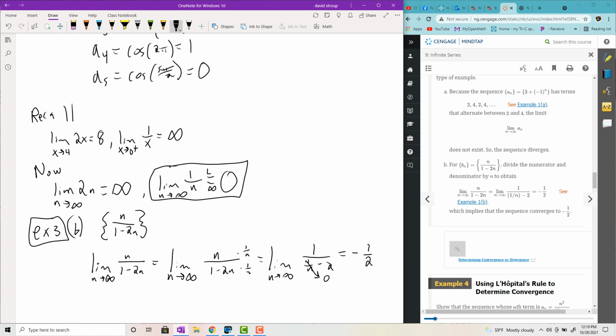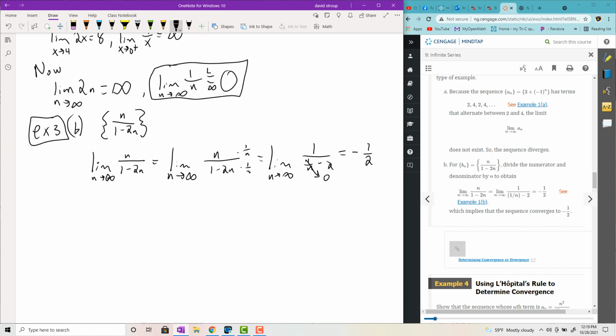I want you to be able to do these kinds of limits a lot quicker. So here's the quick method for these ratios of polynomial type terms. Let's say I have the limit of 2n squared plus 3n minus 1 all over 5n to the 4th plus 2n.